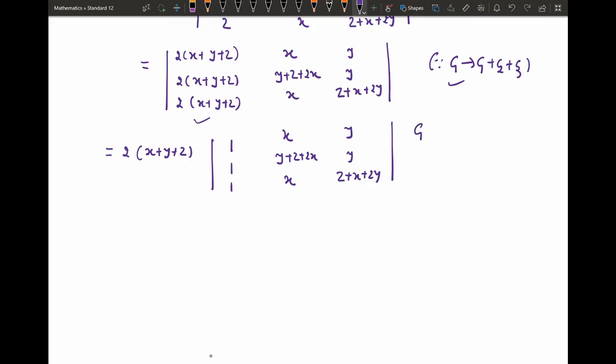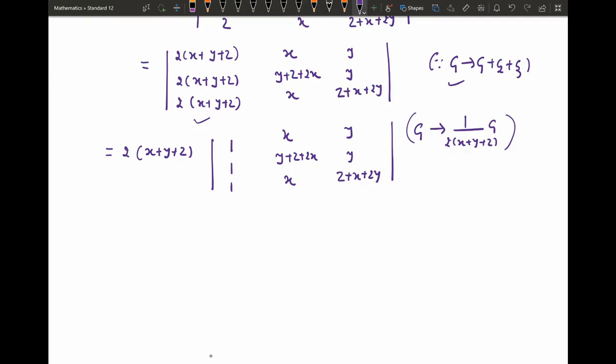And symbolically we denote C1 to 1 upon 2 into x plus y plus z into C1. When we take 2 into x plus y plus z common from first column, symbolically we denote it by C1 to 1 upon 2 into x plus y plus z of C1. Suppose you take 5 common from second column, so C2 to 1 upon 5 of C2. Suppose 7 common from third row, so R3 to 1 upon 7 of R3, and so on.